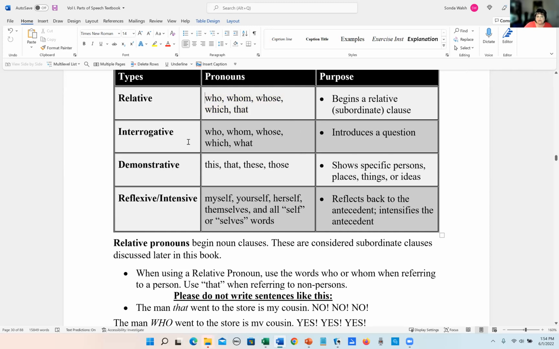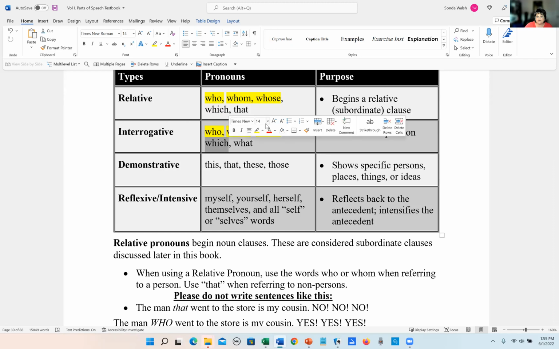All right, the next type of pronouns are interrogative. And these, look how similar they are. I'm going to color them the same color, and you tell me, look how similar these are. Who, whom, these are the same color. Whose, look at this.